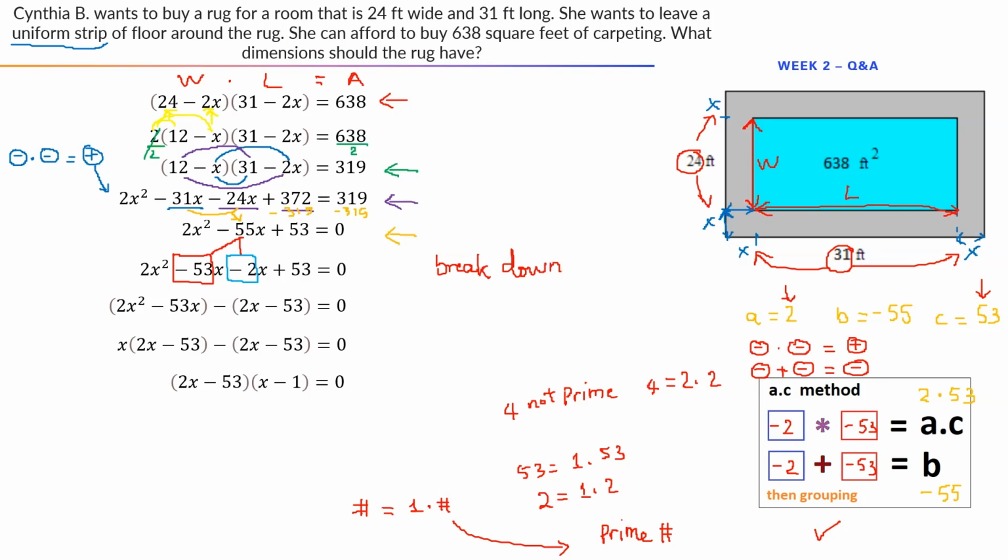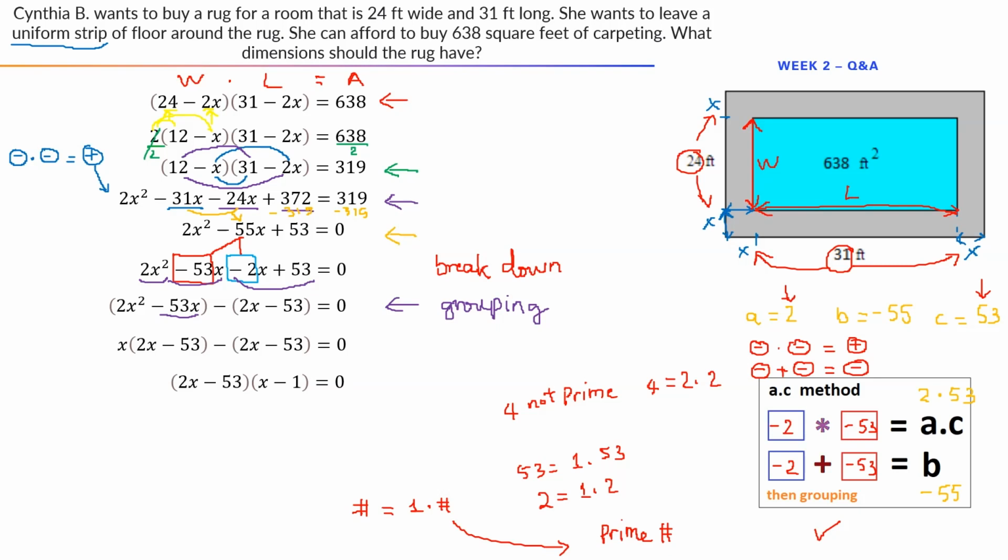Alright, now in the next step we will do the grouping. So I will group the 2x squared with the negative 53x. That's my first group. My second group is negative 2x plus 53.